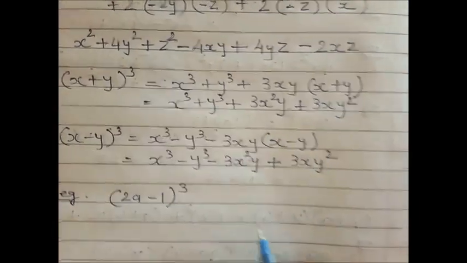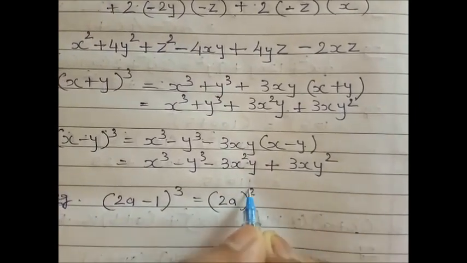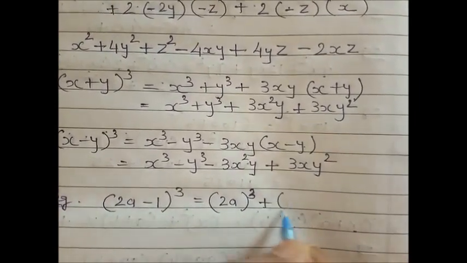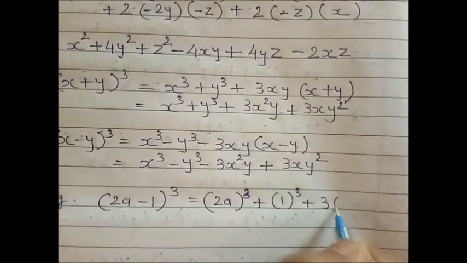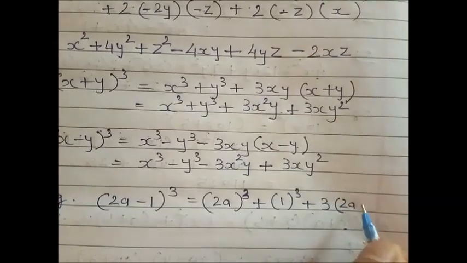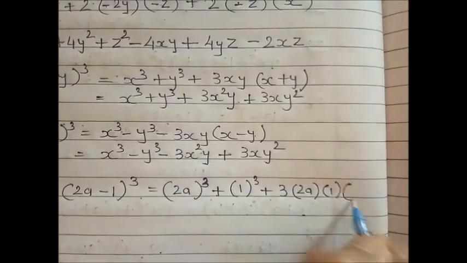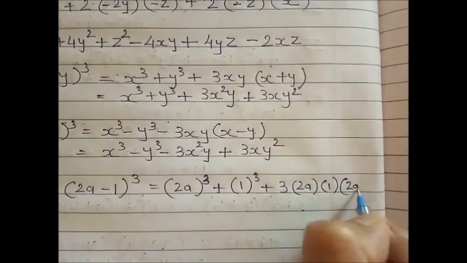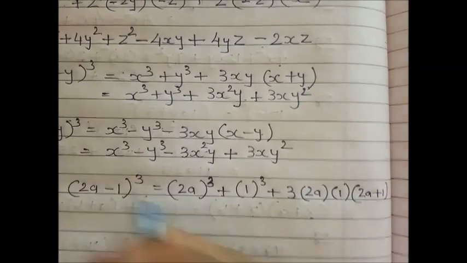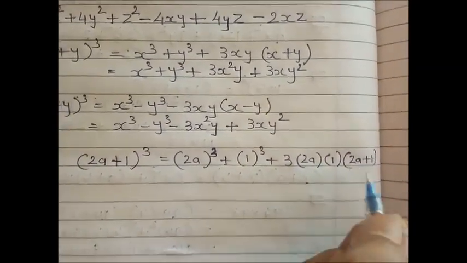Right, now according to the identity, cube of first, that is (2a) cube, plus 1 cube, plus 3 into first term, that is 2a into 1, and entire bracket, that is (2a plus 1). Let's take here 1 because here we have taken all the plus, right?